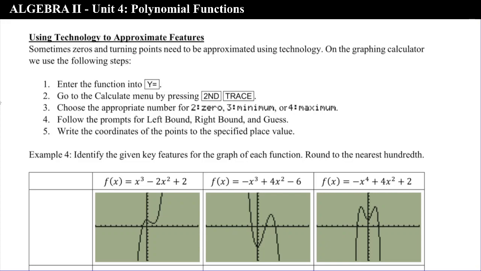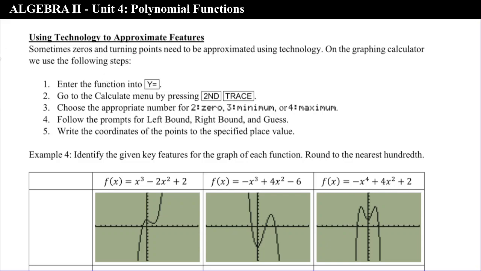And those are also found in the same calculate menu in your TI-84 Plus. You're going to do the same thing to find your minimum and maximum. You're going to set your left bound, your right bound, and then take a guess somewhere in between. And your calculator will give you both x and y values. So I'm not going to go over that. If you need to see that again in more detail, head over to the section 3.1 video for that.